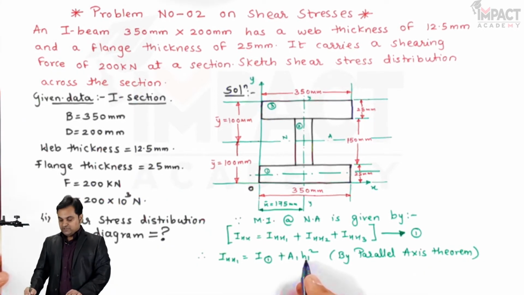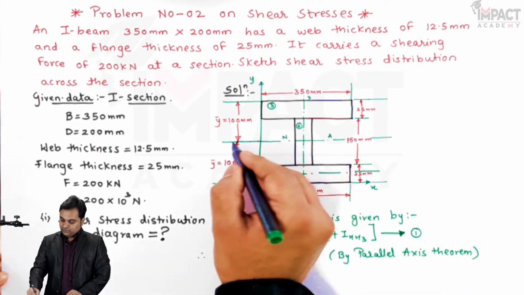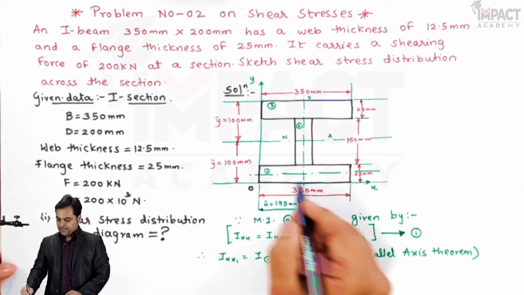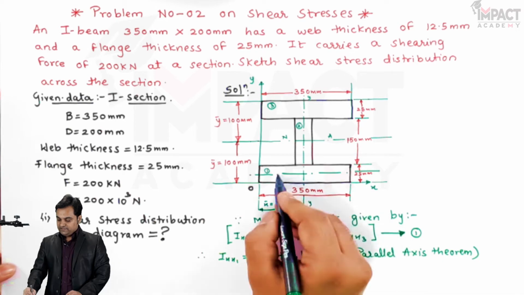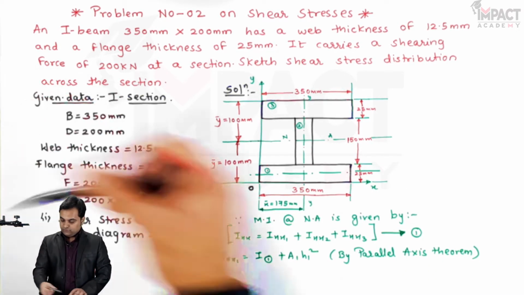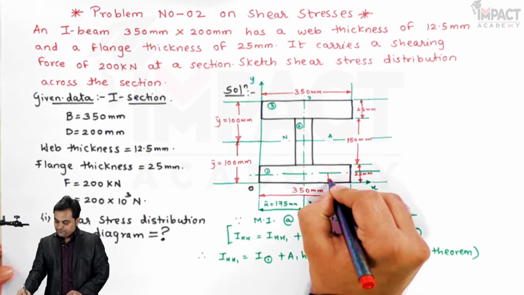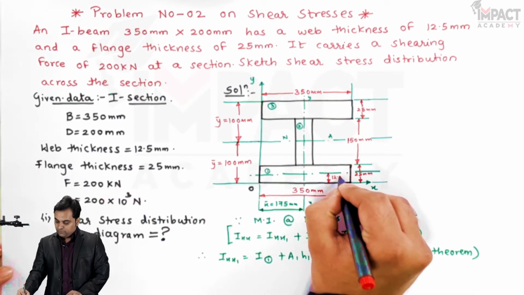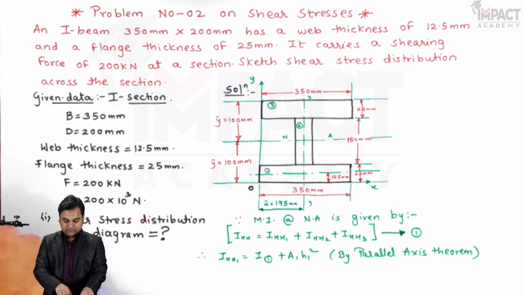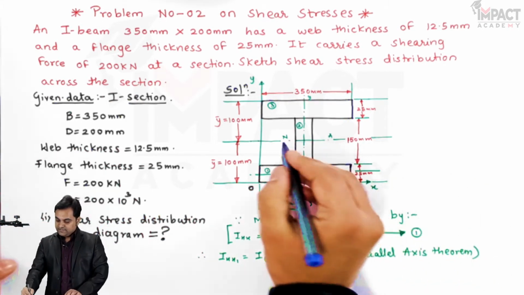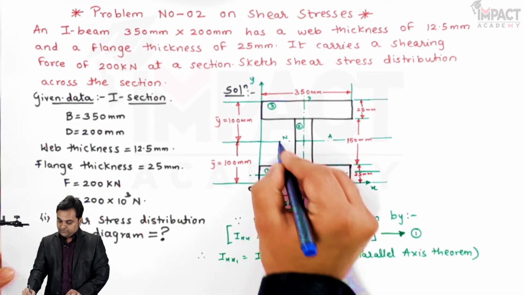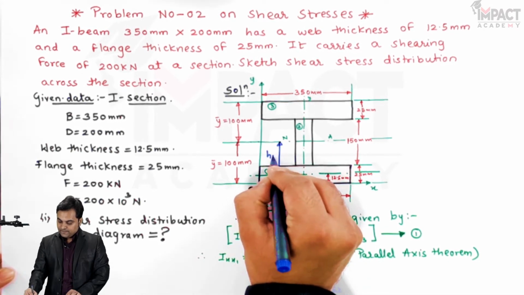And now what is h1 here is, since the neutral axis for the complete I section passes through 100 mm from bottom and the x-axis of rectangle 1 is at distance half of 25, that is it is 12.5 mm from bottom and our references are from bottom. So the distance between the neutral axis and the x-axis for rectangle 1 would be denoted as distance h1.